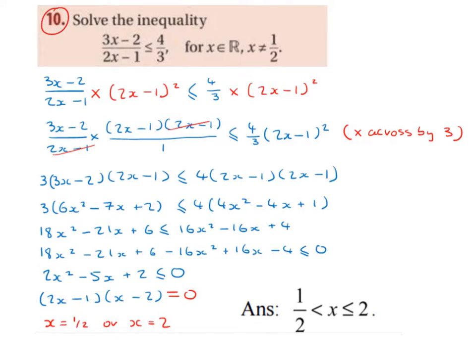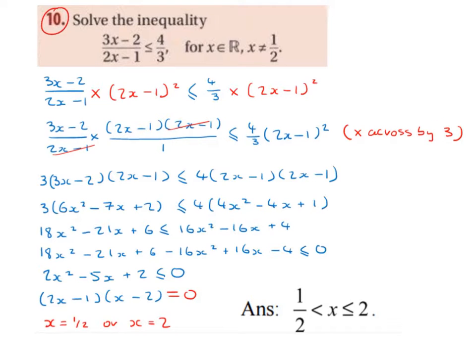Now, we want to solve. At this point we could factorize and solve, or we could use the quadratic formula or the minus b formula. I'm going to factorize, so I end up with (2x − 1) multiplied by (x − 2). So 2x − 1 = 0, so x is equal to a half, and x − 2 = 0, so x is equal to 2.